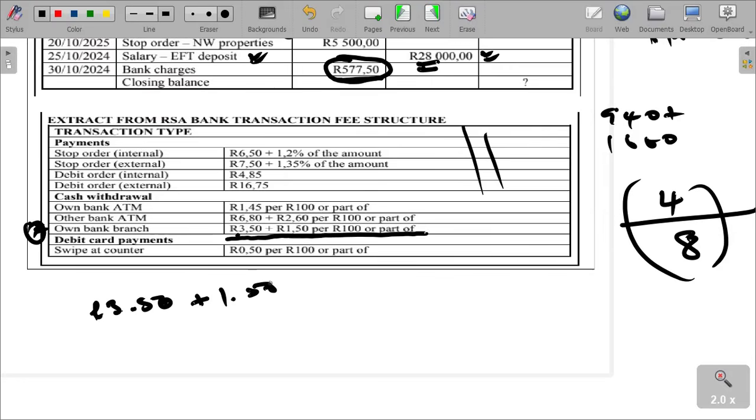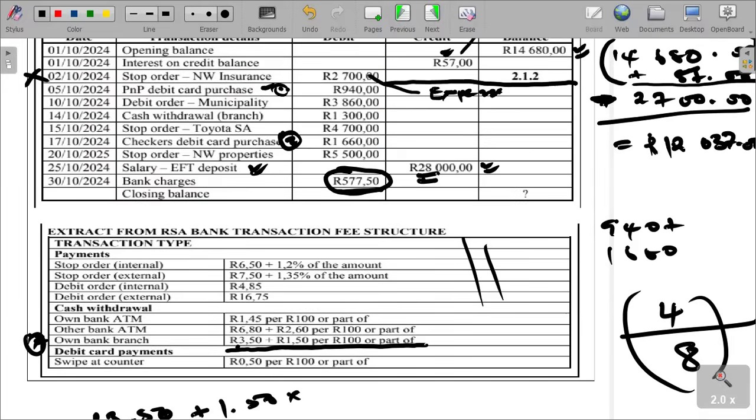The 1 rand 50, we are saying multiply by the cash withdrawal. We are given that Bernard's cash withdrawal is 1,300.